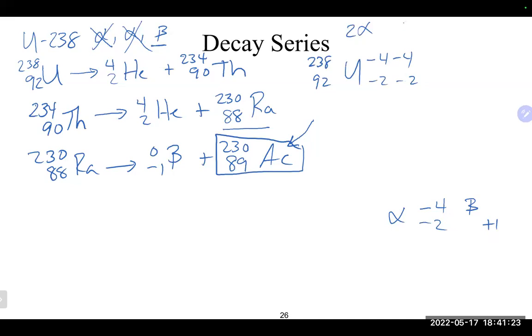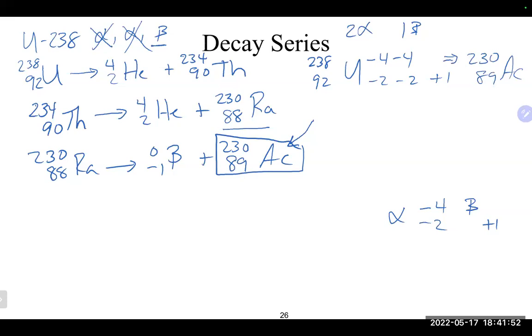And it went through 1 beta decay, which means I should then add 1 back. So taking care of my top here, 238 minus 4 gets me to my 230. 92 minus 2 is 90, minus 2 more is 88, plus 1 is 89. And then obviously I could go to the periodic table and find what it is. So that's a shortcut if it's alpha and beta decays.